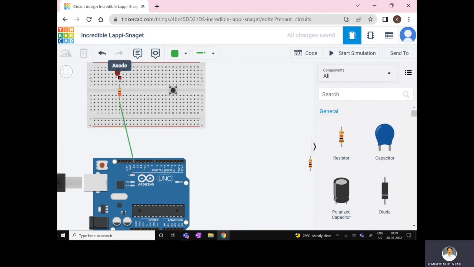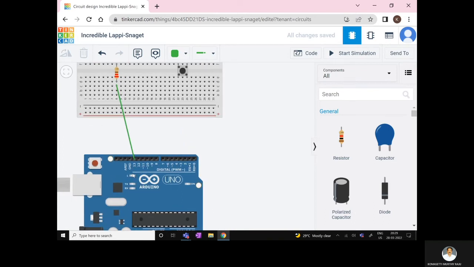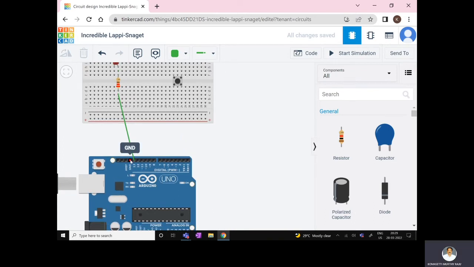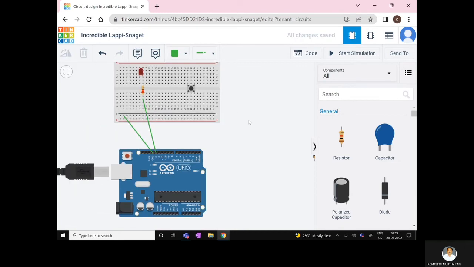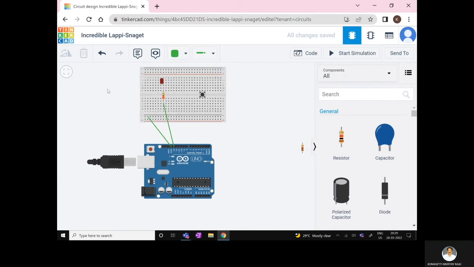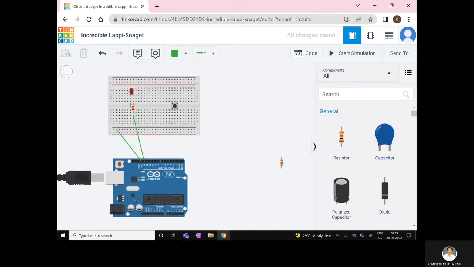This one is anode. This one is ground. Ground is connected here.